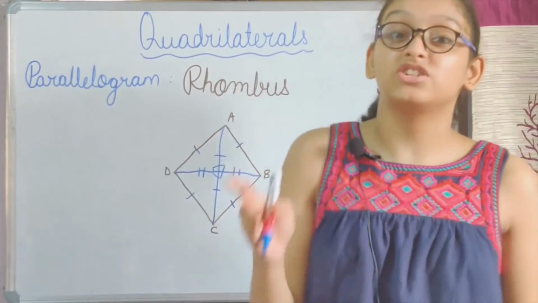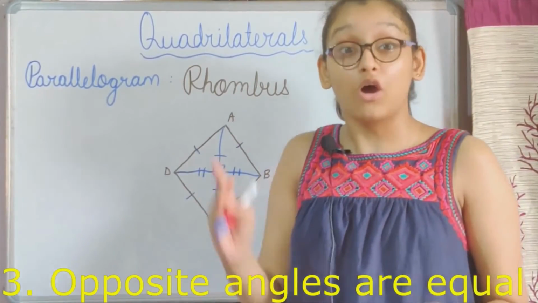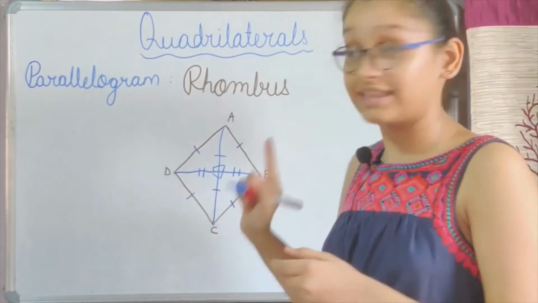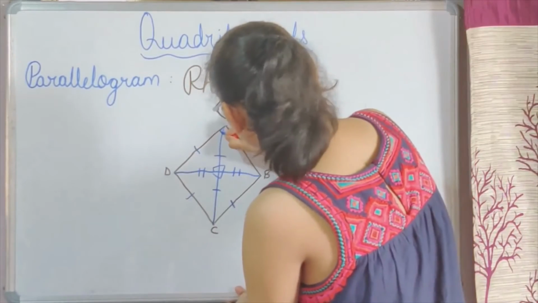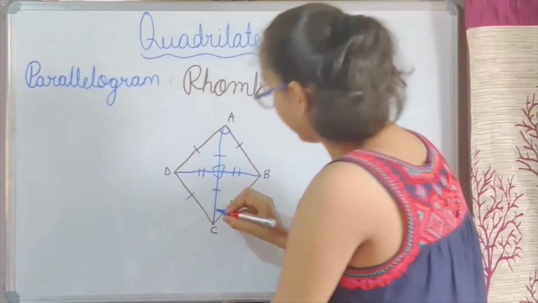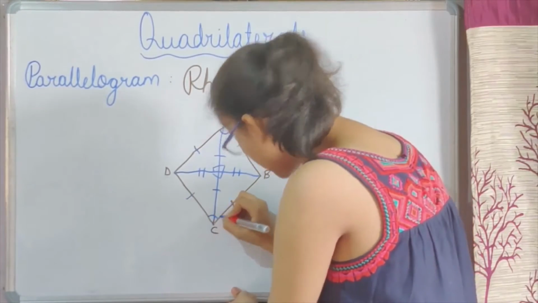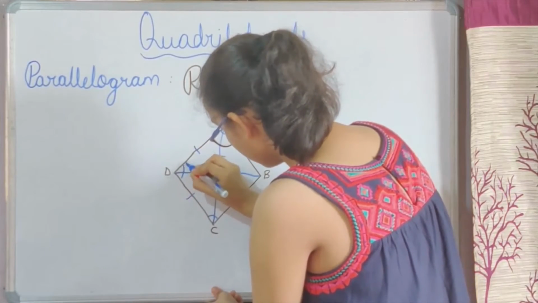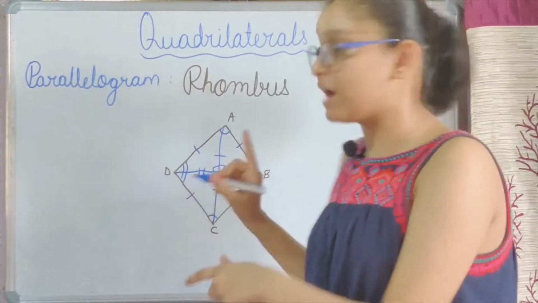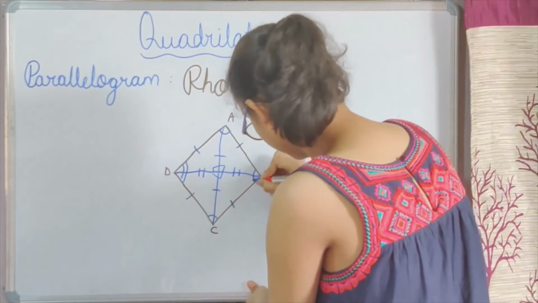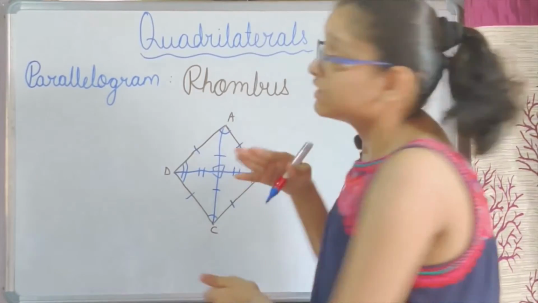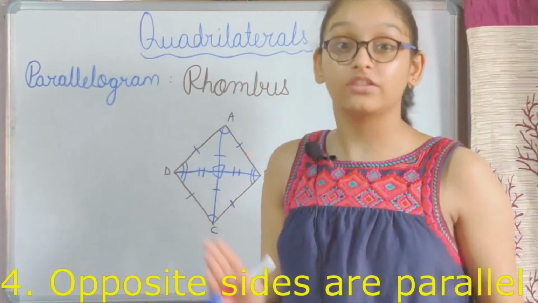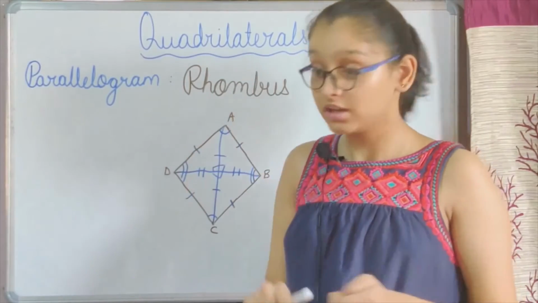The next property of rhombus is that its opposite angles are equal. This means that angle A is equal to angle C and angle D is equal to angle B. The next property of rhombus is that opposite sides of a rhombus are parallel.